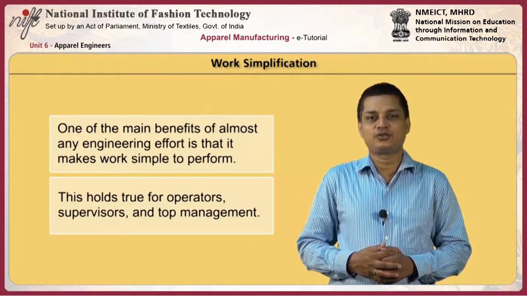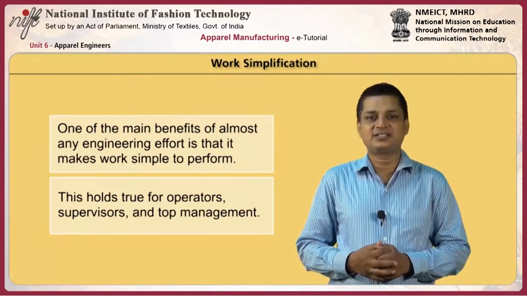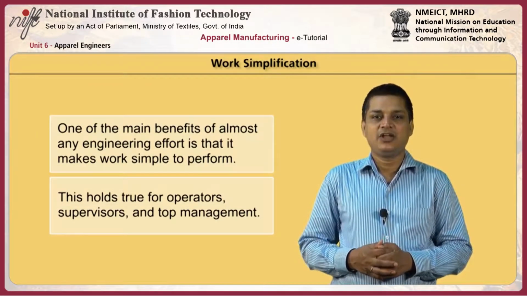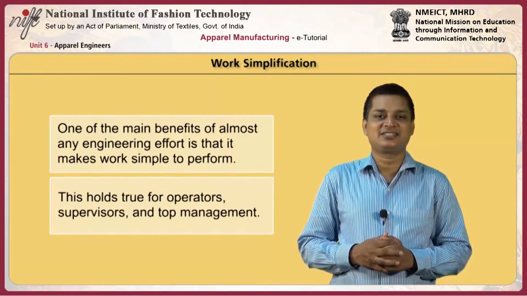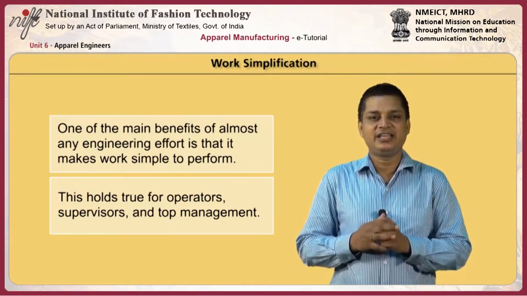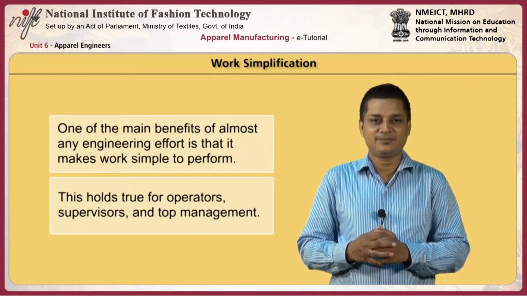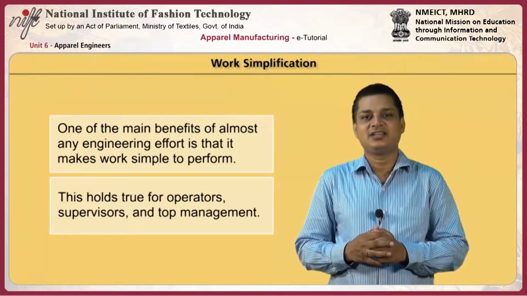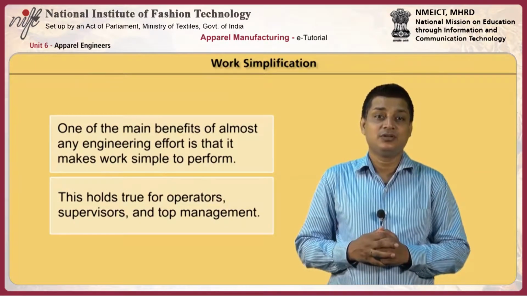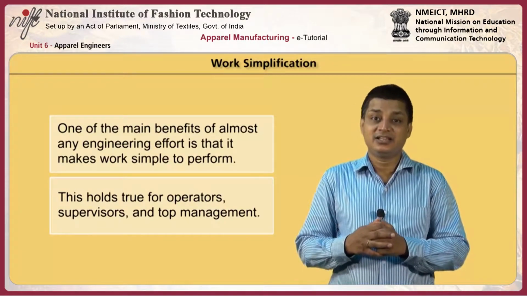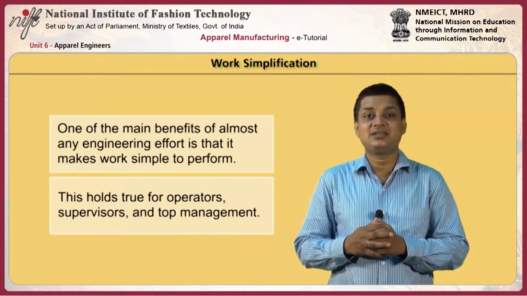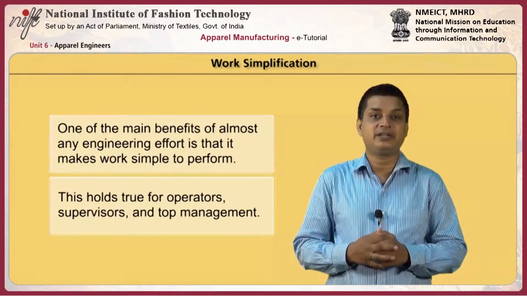This holds true for operators, supervisors, and the top management. When an engineer analyzes any area of work, he does so with one thought in mind: how can I make this easier to do? When he answers this question, he has simplified the job and made it better.